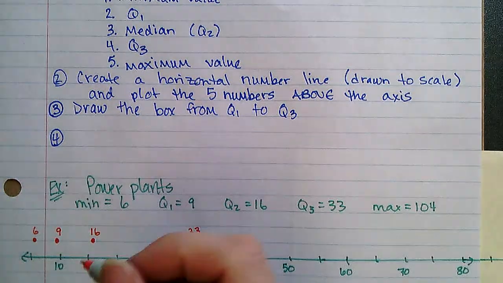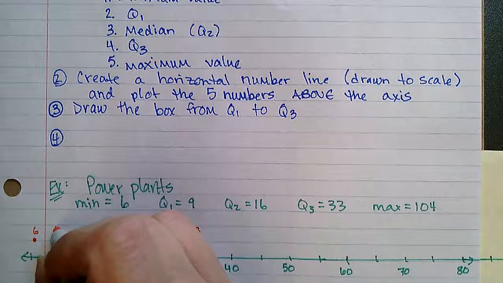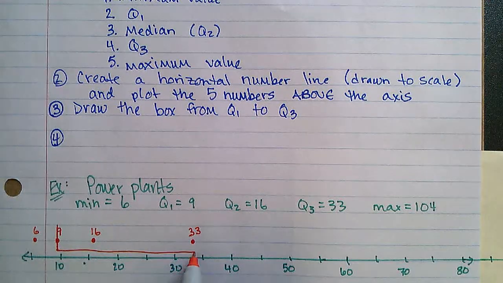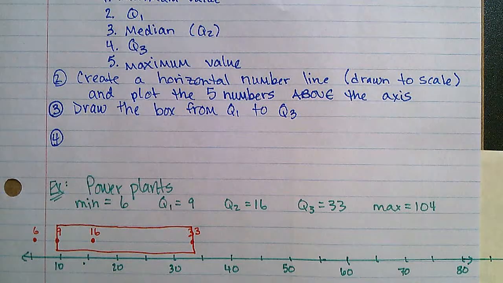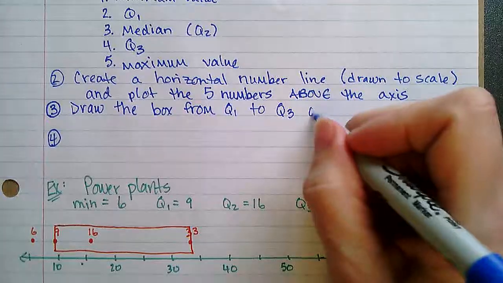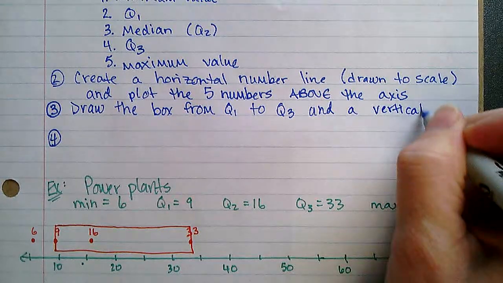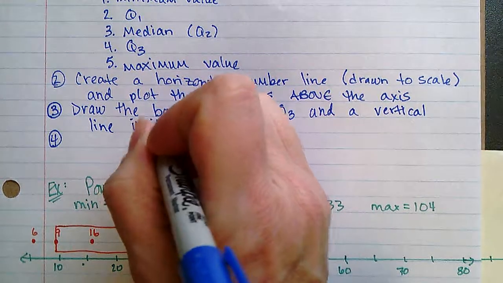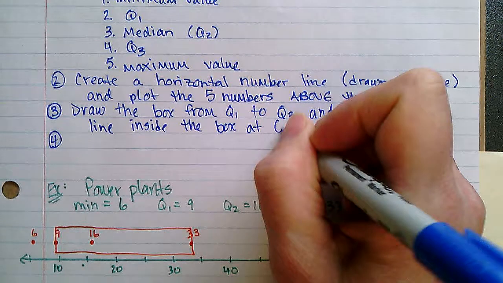So from Q1 to Q3, that's from 9 here to Q3, 33. I'm going to draw a box. And then I'm going to draw a vertical line inside the box at Q2.